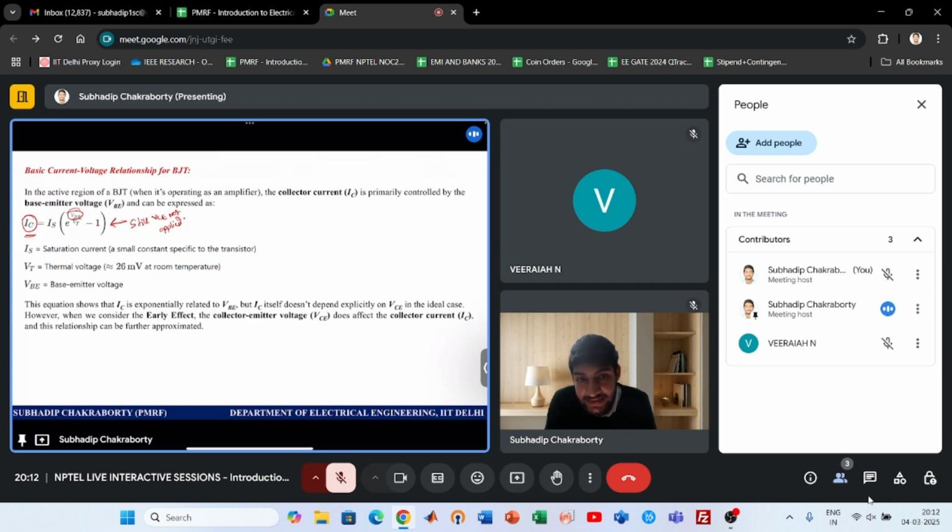That's why IC significantly depends on VBE or base current. If the base current increases, more carriers will flow, and IC will obviously be higher because IC is almost equal to IE. But still, VCE also has a role on IC because a slight increase in VCE will help in the movement, but not much because they're already aligned.